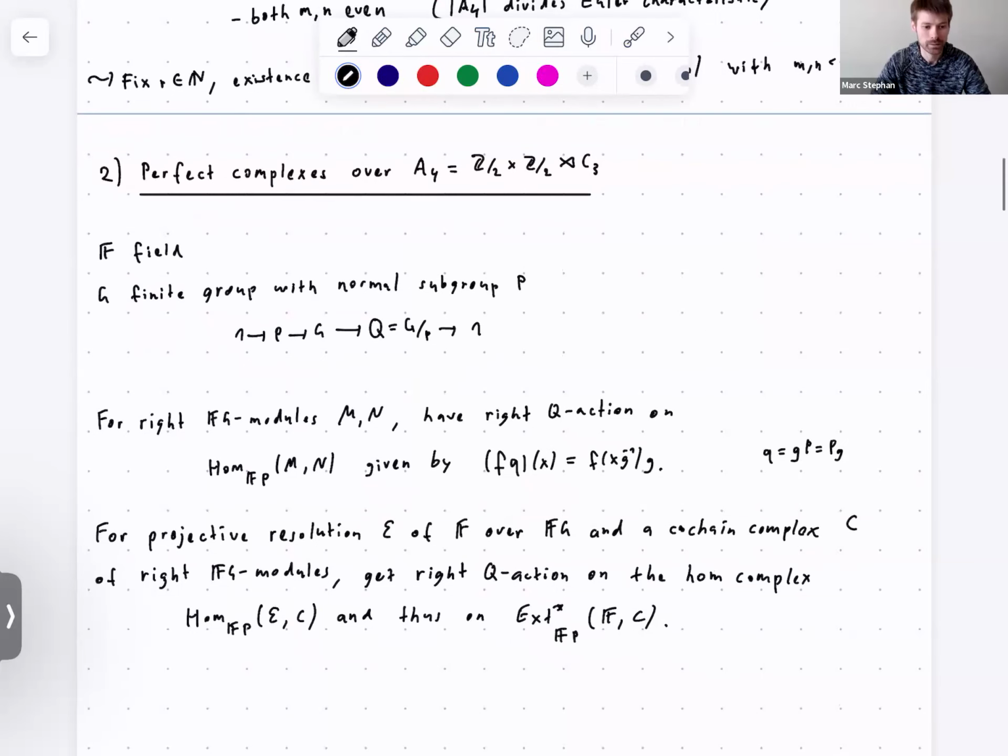And if we extend this to Hom complexes, in particular, if we take a projective resolution of our field over FG, and we take any cochain complex C of right FG modules, then we also get, with this formula, a right Q action on the Hom complex. And if we take the homology of this Hom complex, we get Ext_FP from F to C, and we also get a Q action on this hypercohomology.